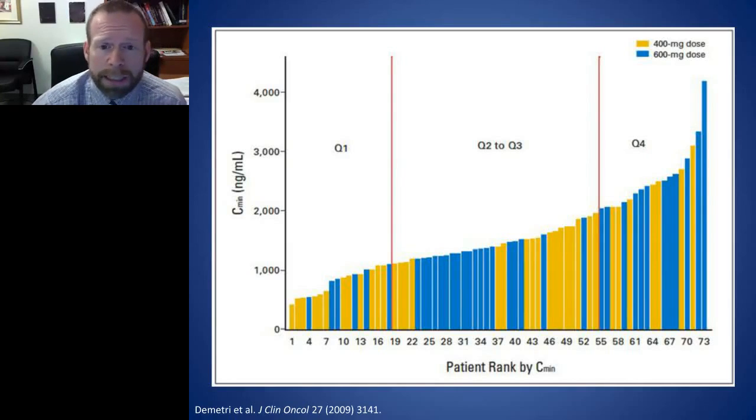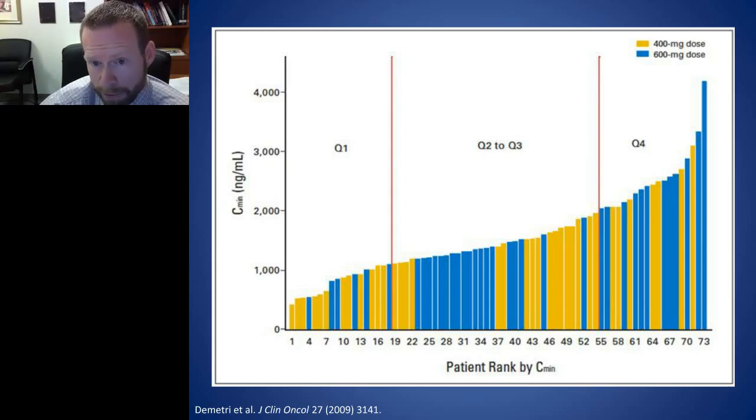So this is a really interesting slide from the paper, I think, which demonstrates that the patients getting 400 milligram doses are in the yellow, and the 600 milligram doses are the blue labels. And you'll look at each of the quartiles, you'll see that there are some from each dose, right? Even in quartile 1, the lowest concentration, you still see some that are getting the highest dose, right?